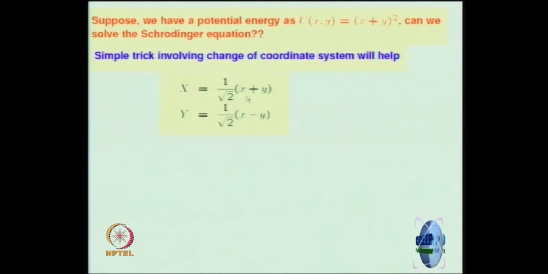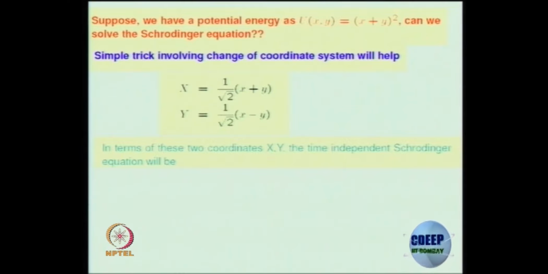If one is rotated by 45 degrees clockwise, the other has to be rotated accordingly. Then write the Schrodinger equation in 2 dimensions in terms of capital X and capital Y instead of small x and small y. I am sure you have done all these changes of variables many times in your JEE and your math course.